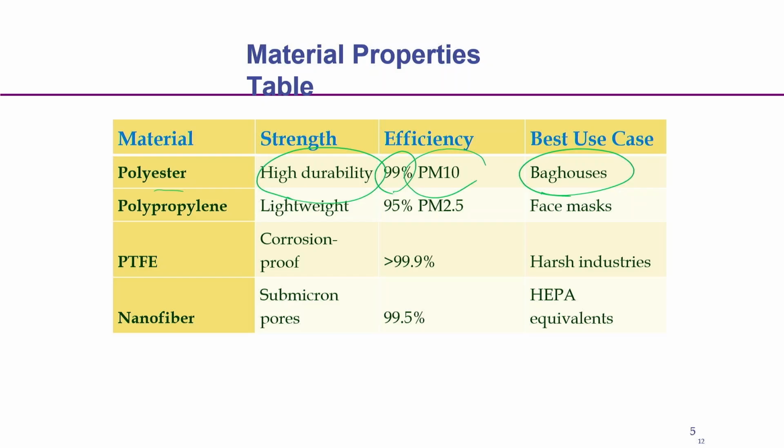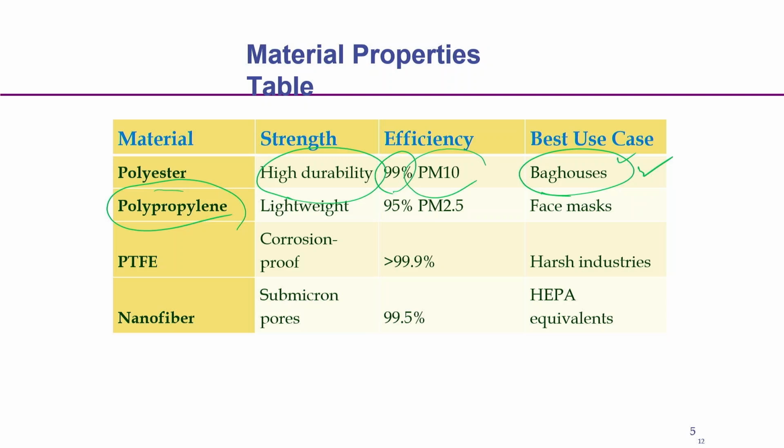So, in baghouses we typically use polyester for high temperature, and polyester is also relatively cost effective.